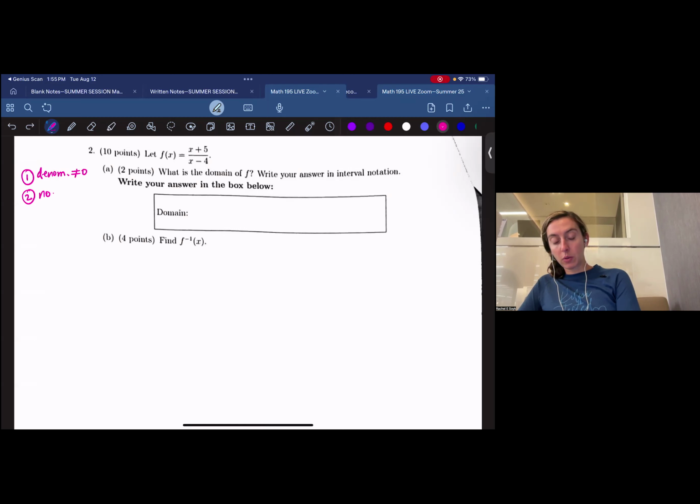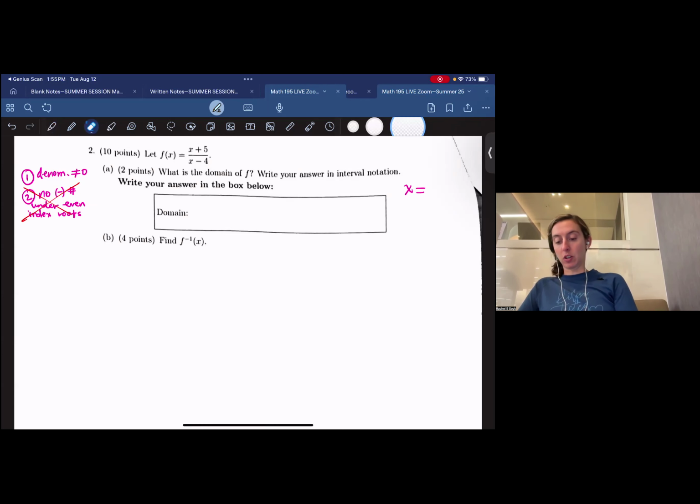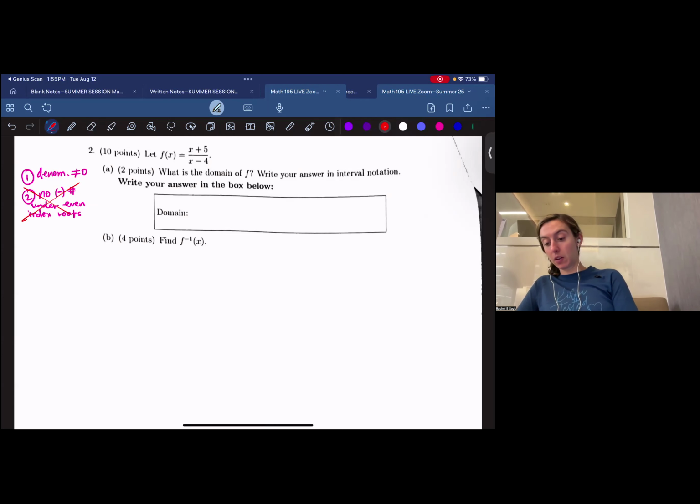And then we have no negative numbers under even index roots. Okay. So lucky for us, there are no roots here, so we don't have to worry about that second condition. We just have to make sure our denominator isn't 0.